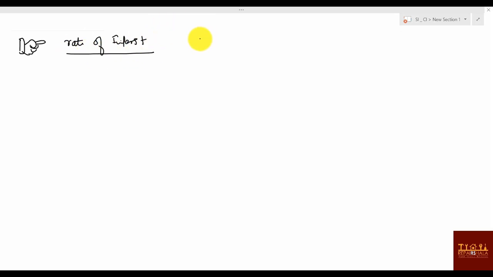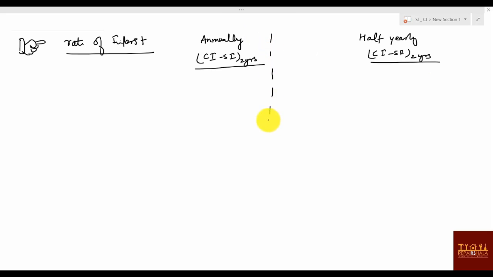If it is charged annually, then CI minus SI for 2 years. This is one column. Second one, when it is charged half yearly, then CI minus SI for 2 years. And in between, we are going to have a percentage for half yearly calculation.